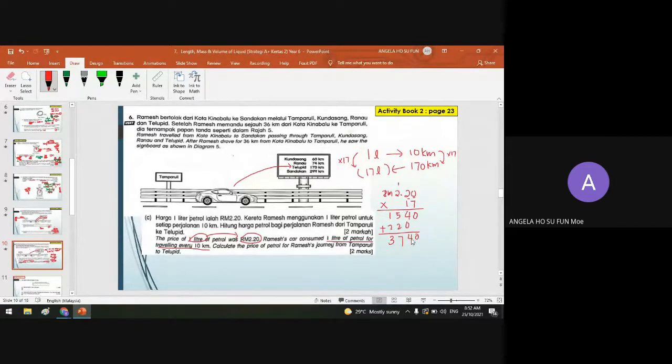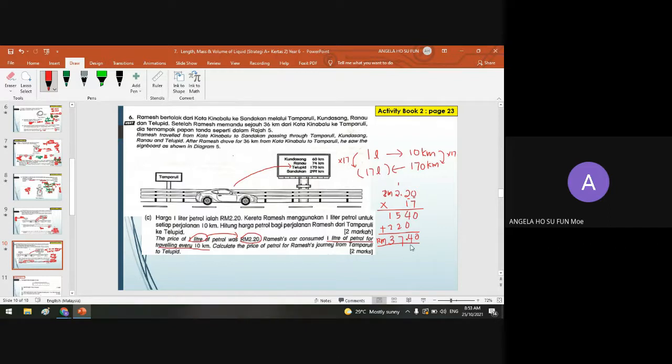So decimal point is here. So what is the price of the petrol that you need to use to travel from Tampaluri to Tulupit? 37 ringgit 40 cents. Very good. You need to use 37 ringgit and 40 cents of petrol. Okay, the price of the petrol here.